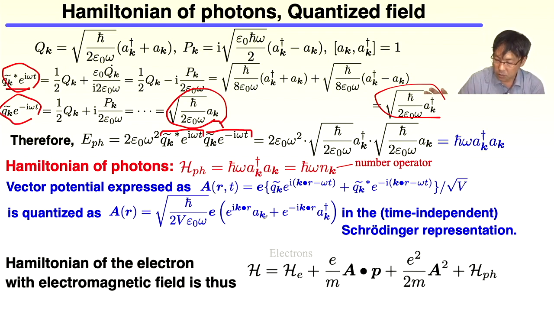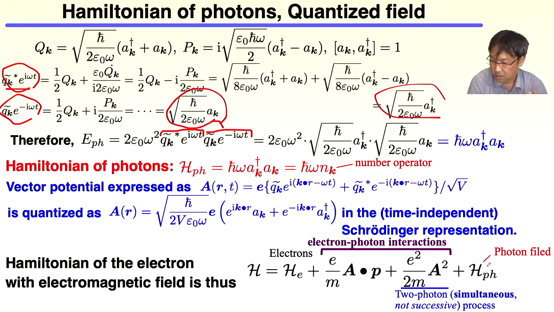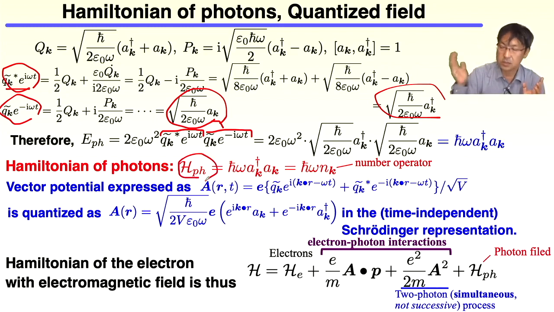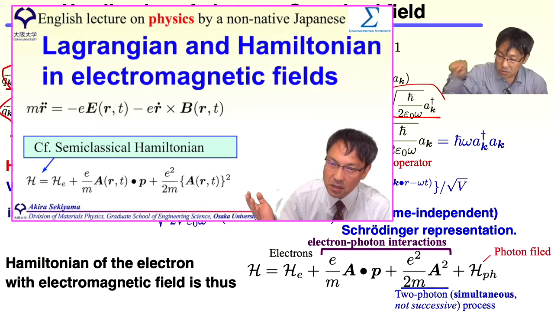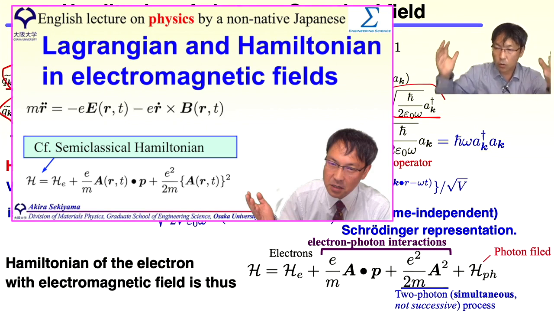The Hamiltonian of the electron with the electromagnetic field is expressed like this one. The first term stands for the photon field. After the light is quantized, the incident light is no longer an external field. We need to consider both electron and photon field in total.